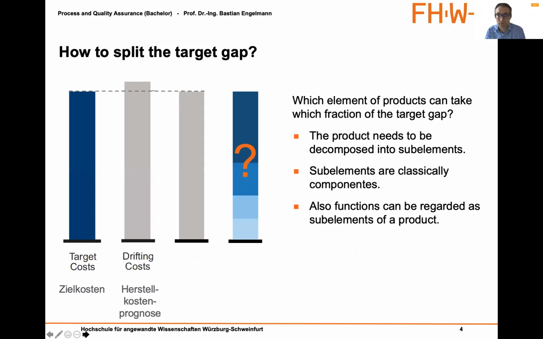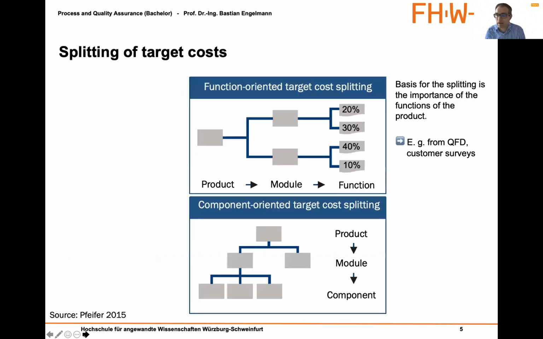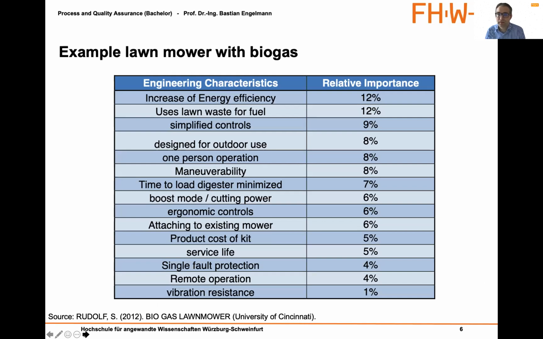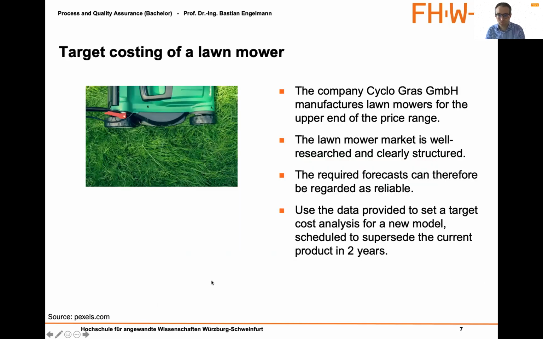All right, so far we have everything together to come now to practical application of the target costing. And we will together do a little bit of target costing for a lawnmower.